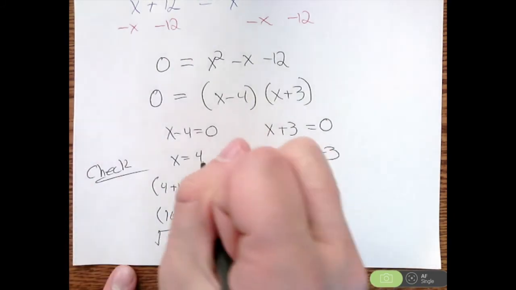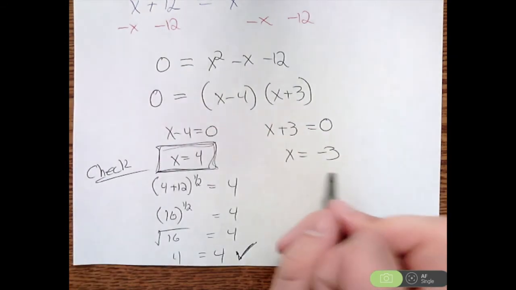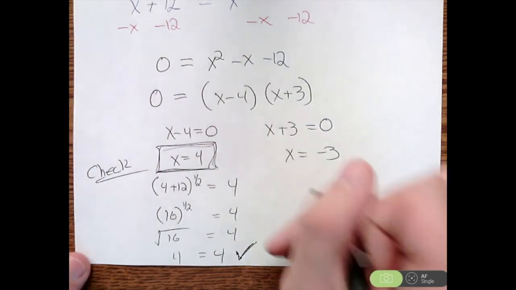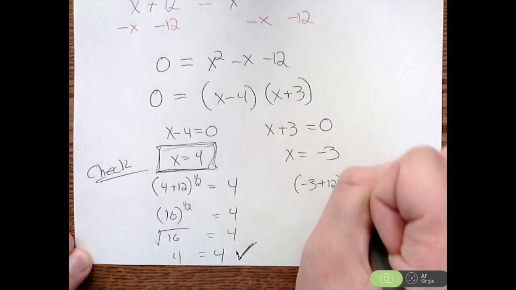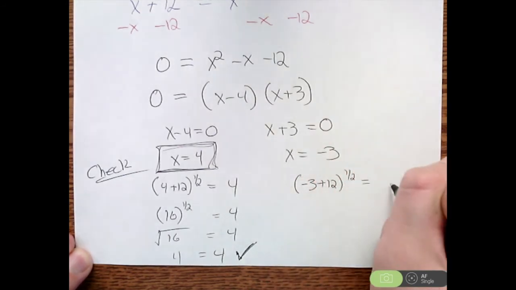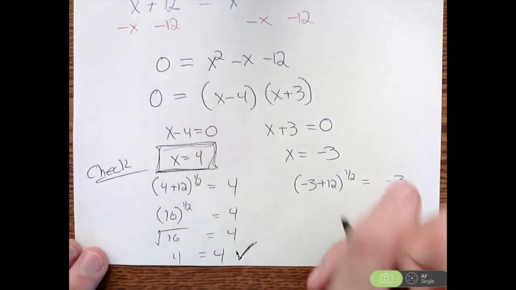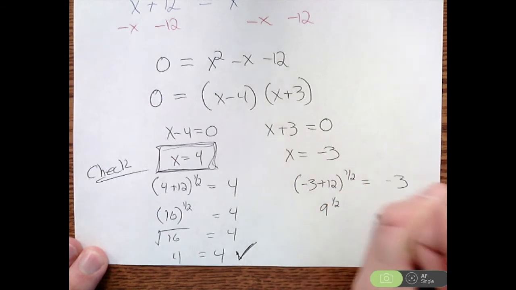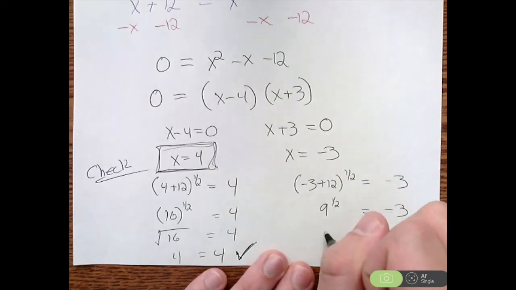So x equals 4 is a solution. Now I'm going to check x equals negative 3. Plugging it in, I have negative 3 plus 12 to the 1/2 power equals negative 3. Negative 3 plus 12 is 9, so I have 9 to the 1/2 power equals negative 3. Again, you could use your calculator or convert to the square root of 9, and you end up with 3.